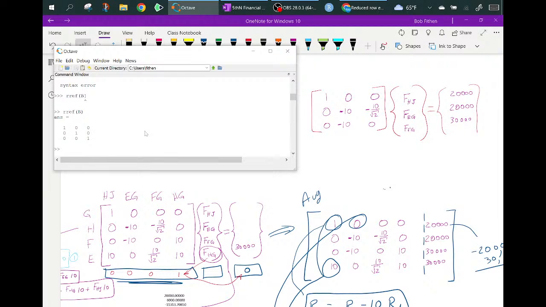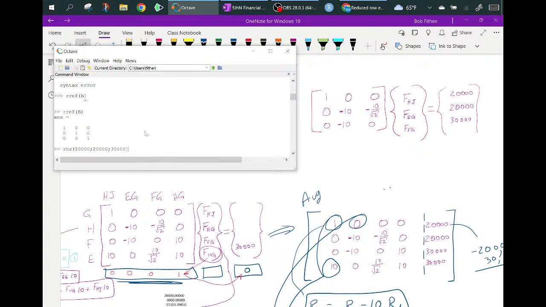So reduced row echelon form says these are 3 independent equations. So I've got 3 equations which will work, but now I've got to do a new right-hand side. Right-hand side gives me 20,000, 20,000, and 30,000, I think.